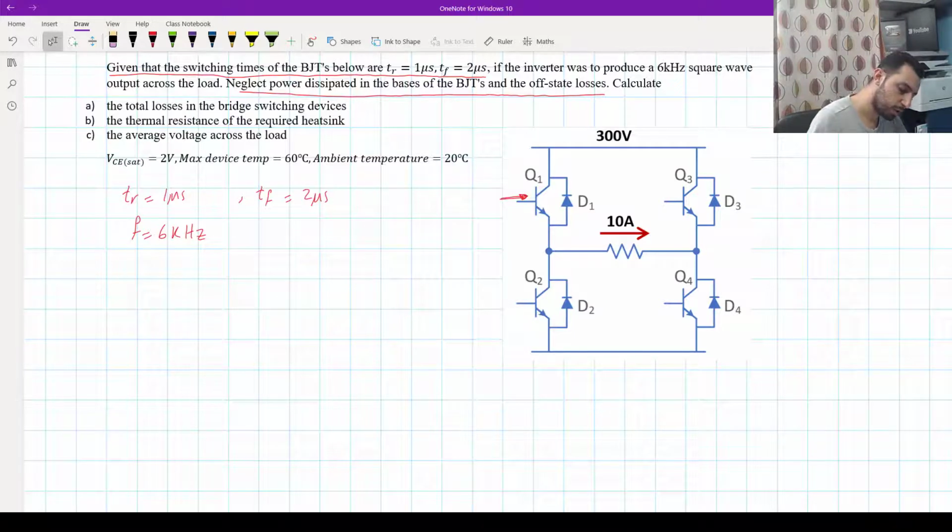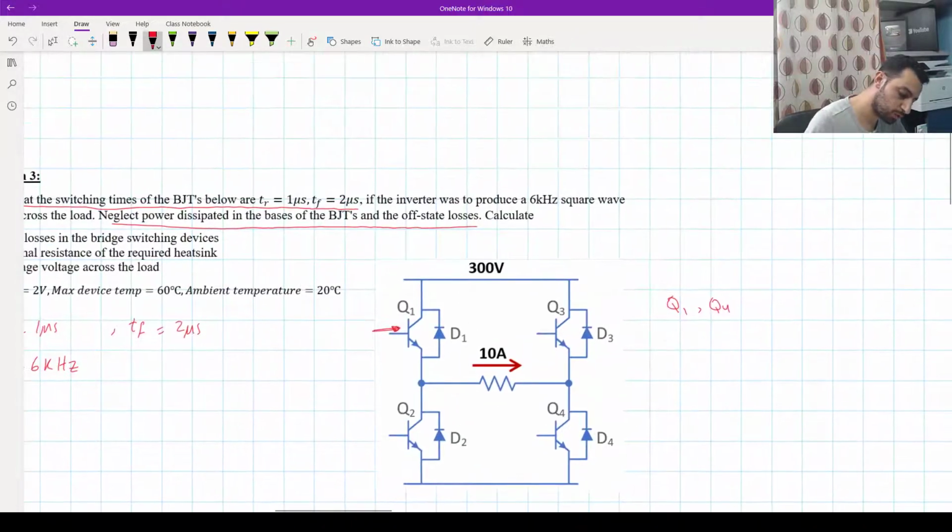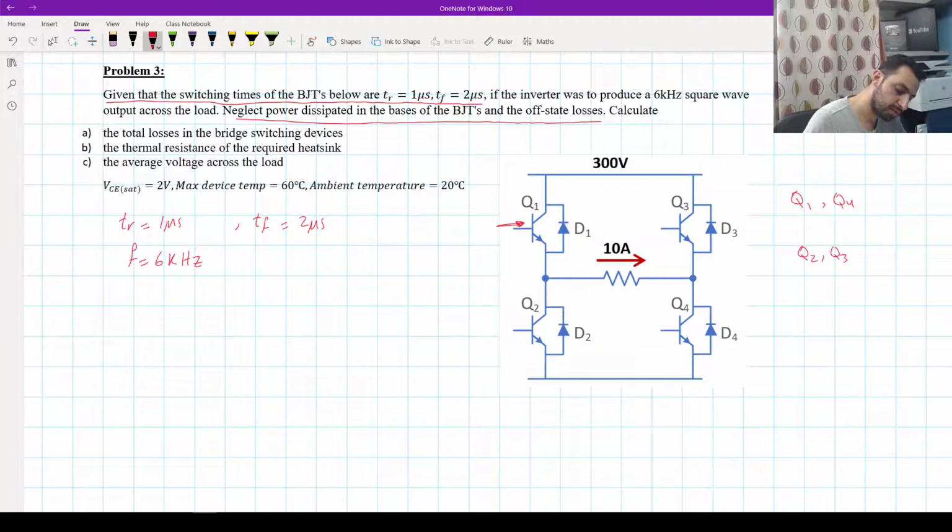When we switch on transistor number 1, the current will go through the resistor like this, and switch 4 will switch on, and we complete the circuit. The output will be positive here and negative there, and it gives us the current through that resistive load. The value of that resistor is not given in the question, and the direction can change because it's a resistive load.